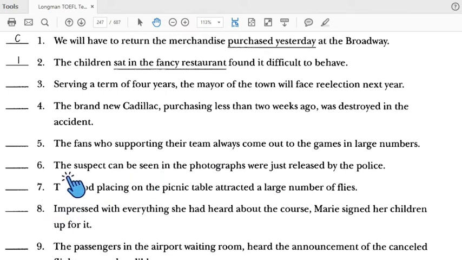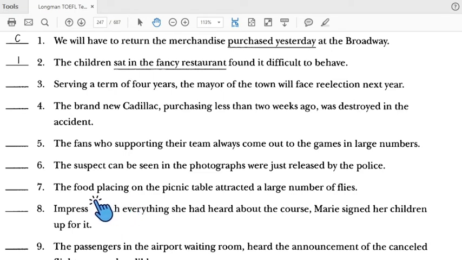Number 6 is incorrect. Number 7. The food placed on the picnic table attracted a large number of flies. It has a subject and a verb, "attracted", so it's reducing. But the meaning is not appropriate, because the food can't place itself.